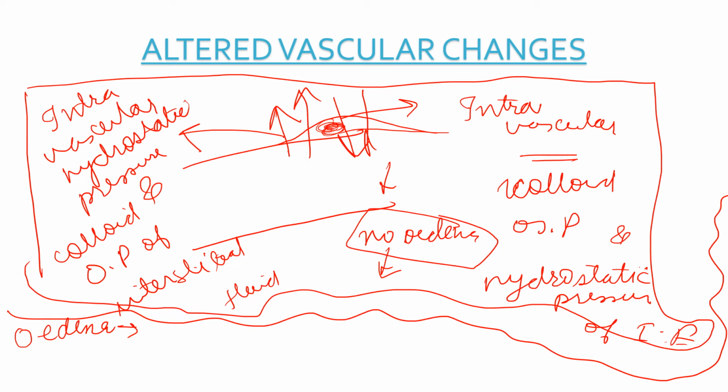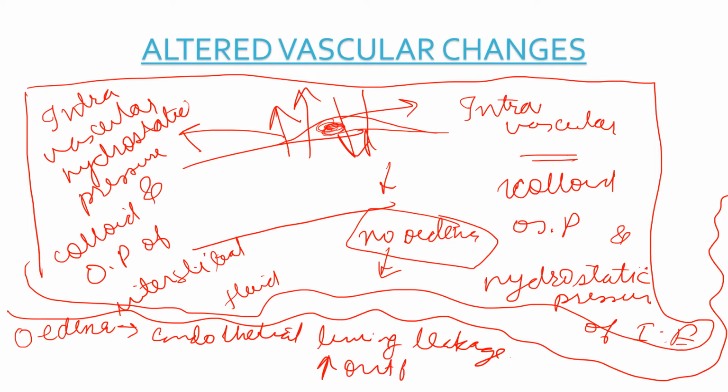But in case of inflammation, edema is seen because of endothelial lining leakage, and due to this leakage there is an excessive outflow compared to inflow, and thus we can see an inflamed part, and this way the altered vascular changes can be seen in our body.